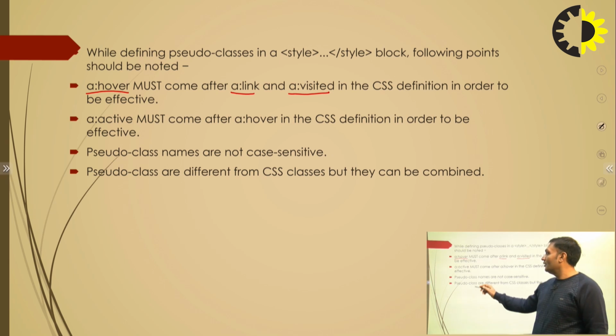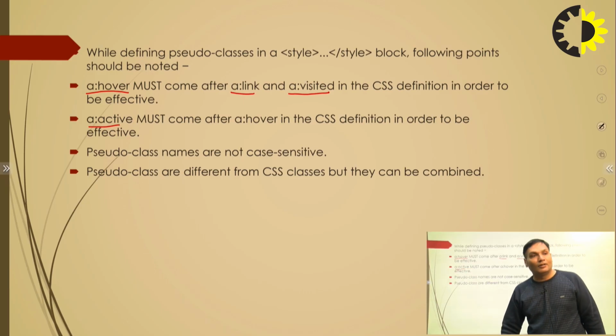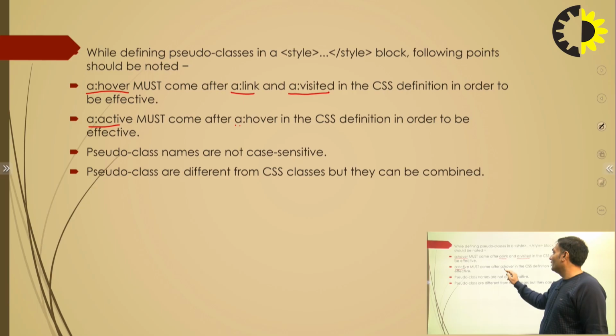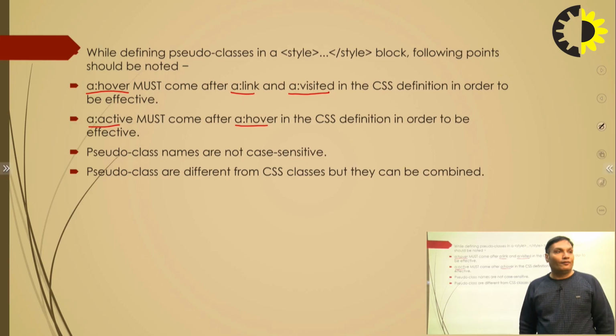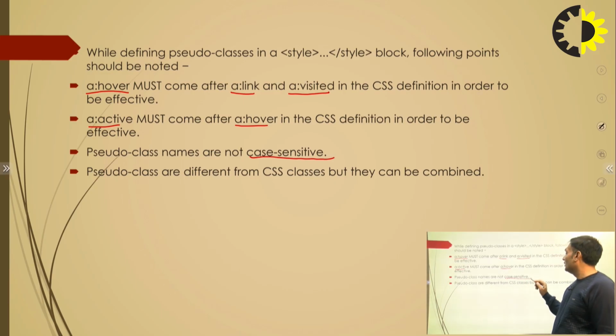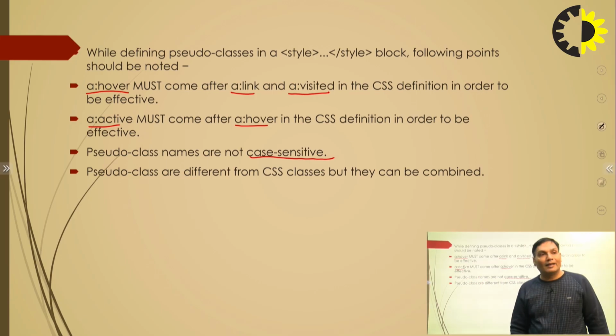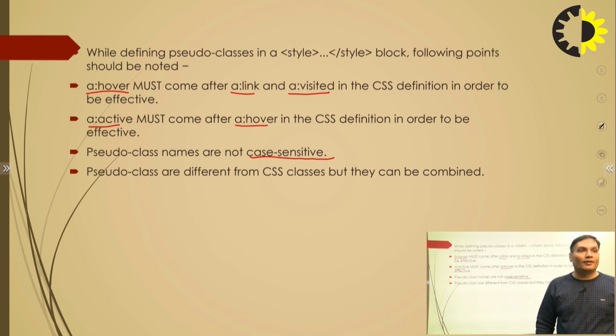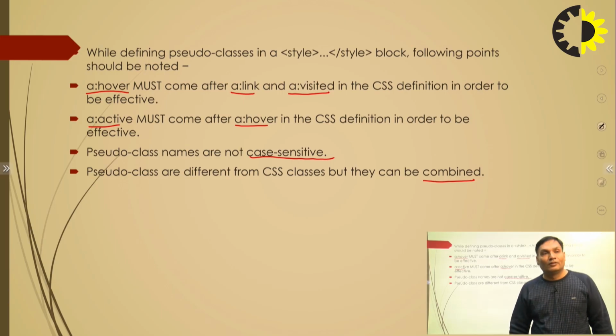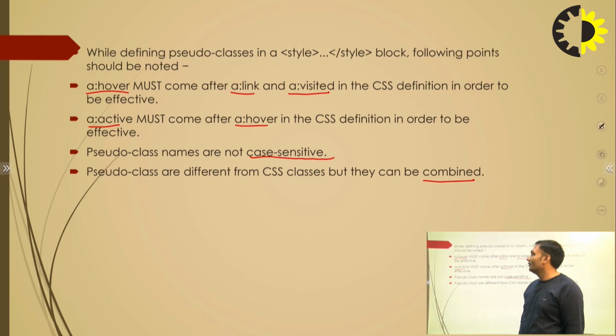If we are writing an active pseudo-class, it must come after the hover pseudo-class to be effective. Pseudo-class names are not case sensitive. Pseudo-classes are different from CSS classes, but they can be combined as well. So these are the four points that we should keep in mind when using pseudo-classes.